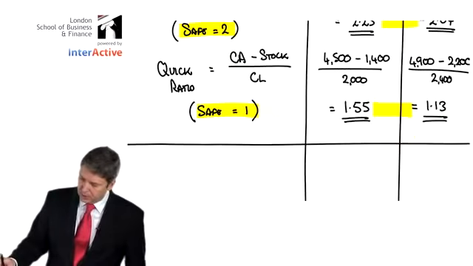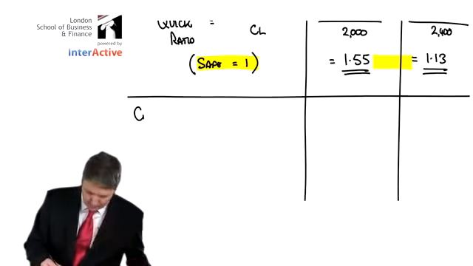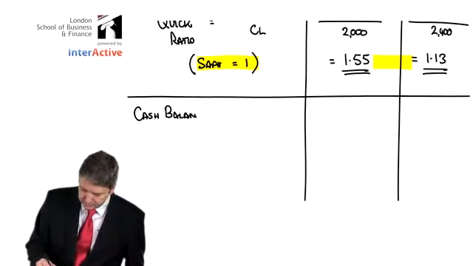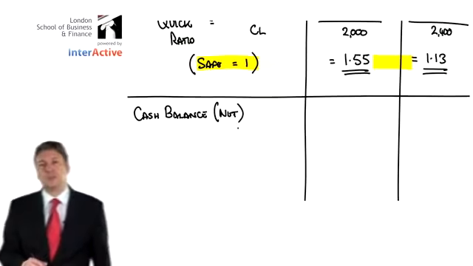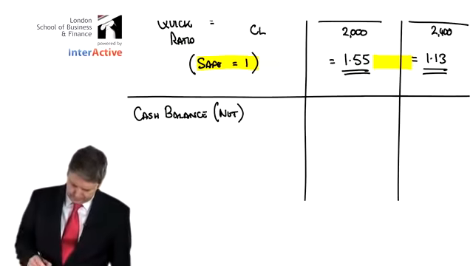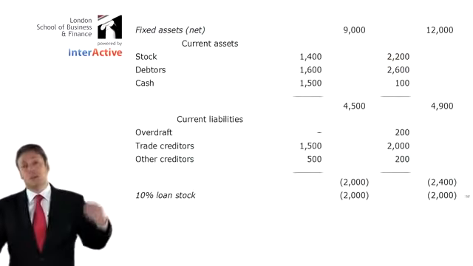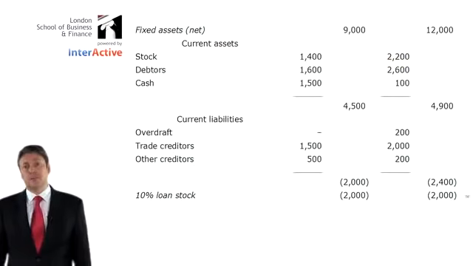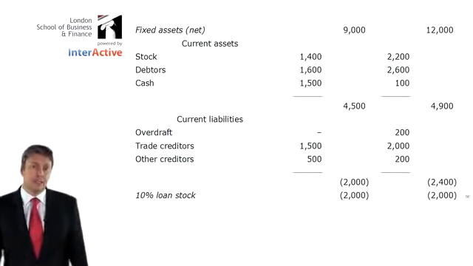Next, what we want to look at is our cash balance. If you wish, our net cash balance. Well, okay, let's see what we have. If we were to look at our cash balance, I suppose what we're getting at is this.